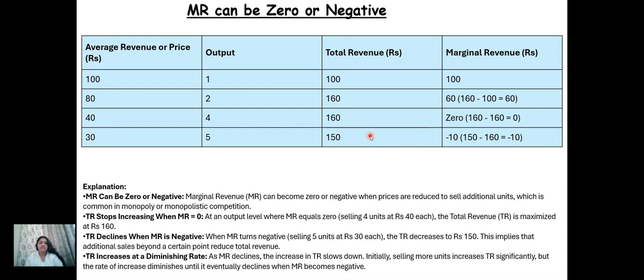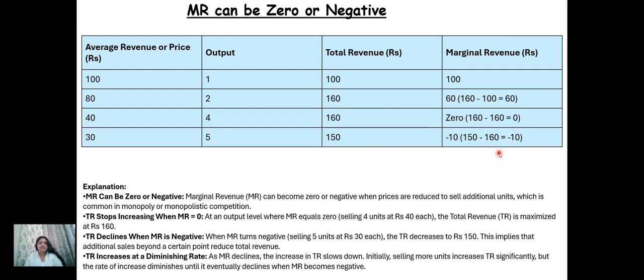Here we can see how marginal revenue affects the total revenue and the average revenue. Basically, I took this table to understand that MR can be negative and 0. When marginal revenue is 0, total revenue is the same, and TR stops or declines when MR is negative.